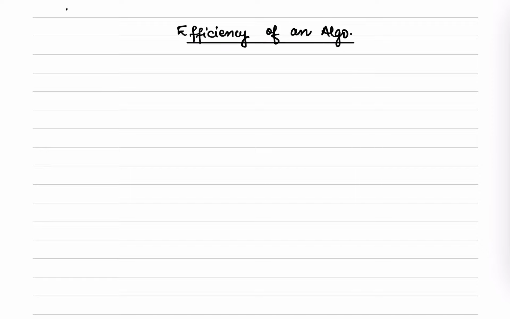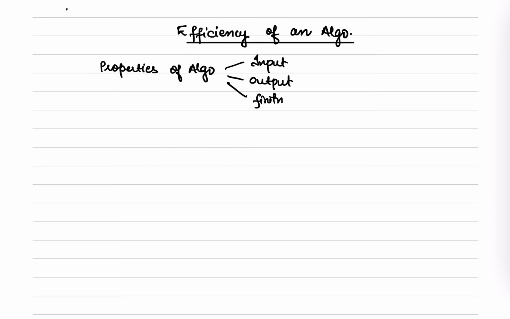If you remember, in our previous video where we discussed the basics of algorithms, we saw some properties of algorithms. If you recall them, it should have input, it should have output, it should have finiteness, that is, it should terminate.